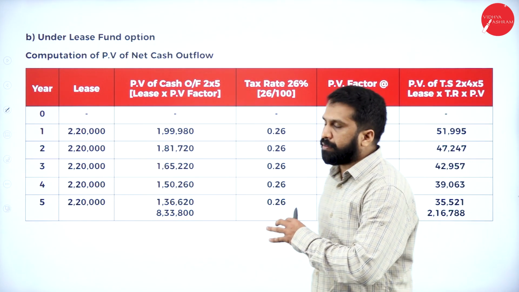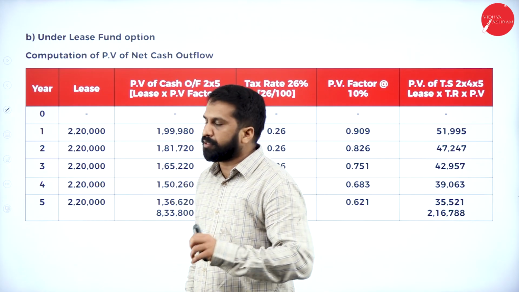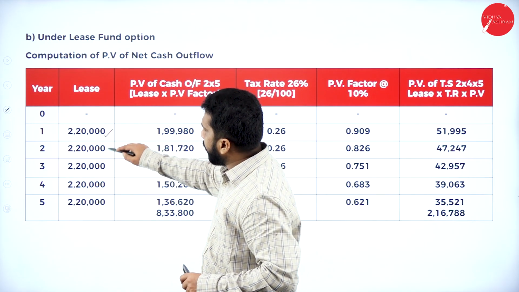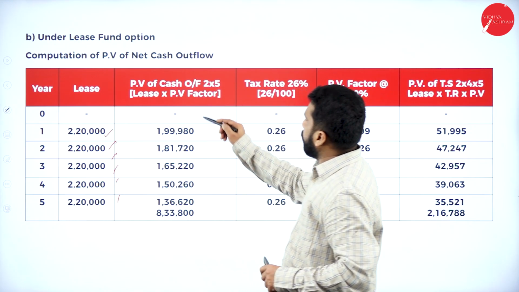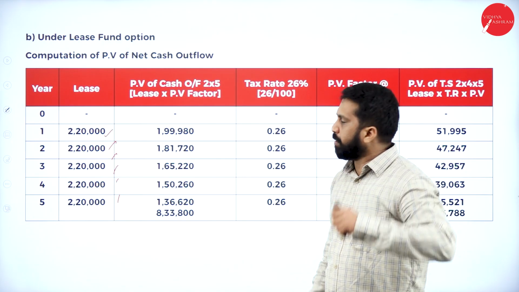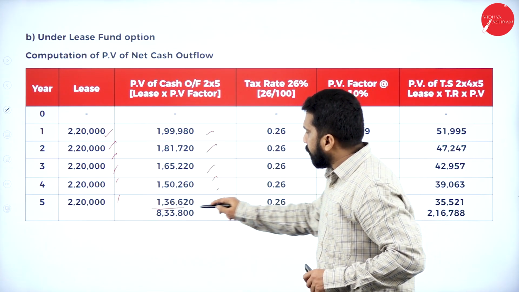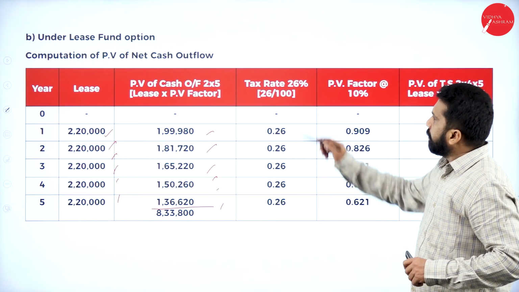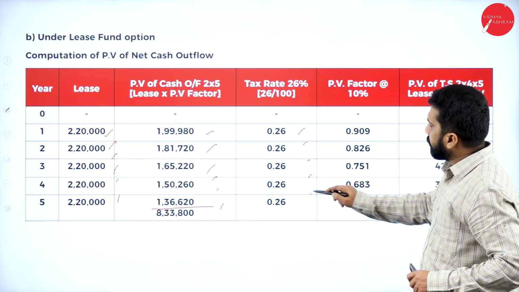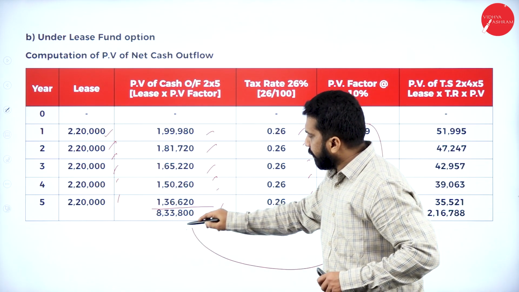See, lease fund is the easiest part because there is no depreciation. Your lease is 2,20,000. Multiply with PV factor 0.909. Then tax rate 26%, so this is already calculated.